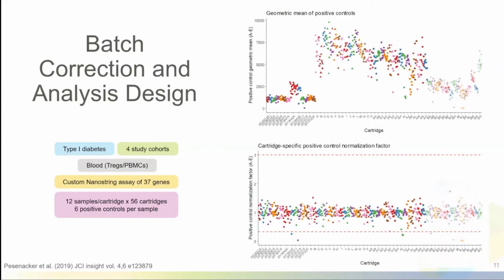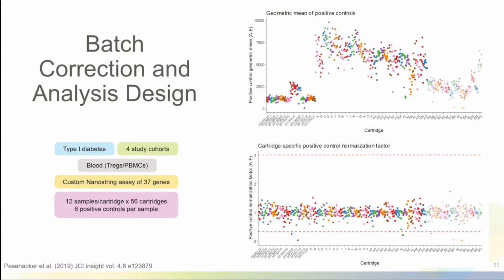We see that it brings most of the values in line, and there's still a few that fall outside of the range recommended by nanostring, so we removed those samples. Now, the reason this worked in this study, importantly, is because we ran the type 1 diabetes and healthy samples balanced across the cartridges in a roughly proportional manner.